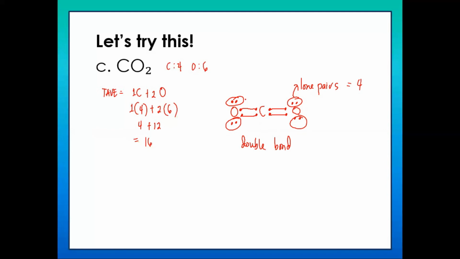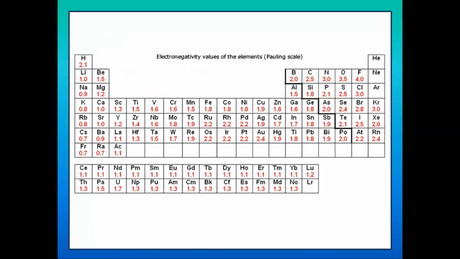So again, these are lone pairs. Now for polarity, same procedure. Identify their electronegativity value. You have carbon and oxygen. These are the elements involved. Balikan natin itong table. Carbon 2.5, oxygen 3.5.